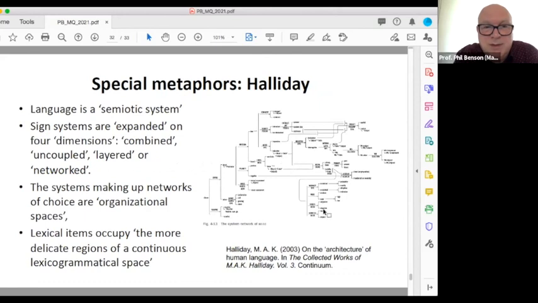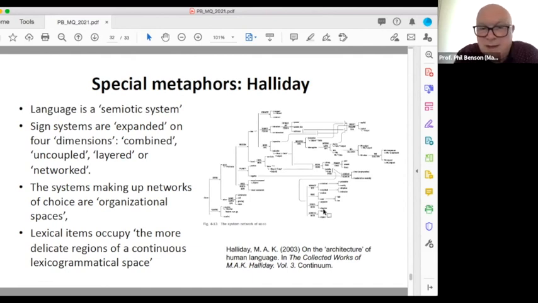So language is a semiotic system. This is just from one article that he wrote near the end of his career. Systems are expanded. There are 4 dimensions. They can be combined, uncoupled, layered, networked, etc. Systems that make up networks are called organizational spaces. He talks about lexical items being in the more delicate regions of a continuous lexicogrammatical space.